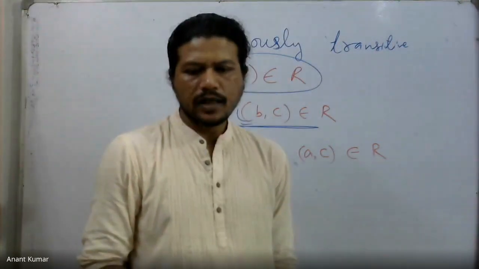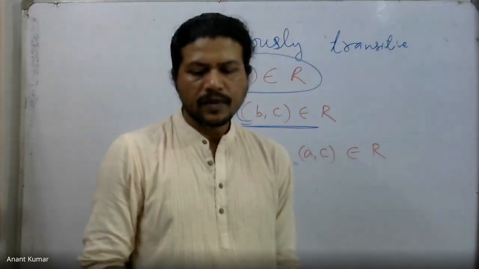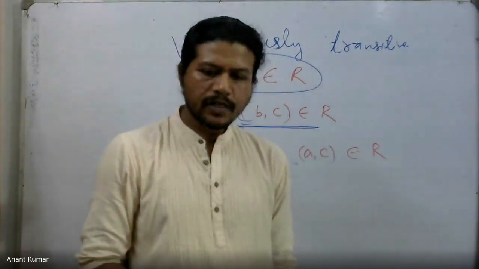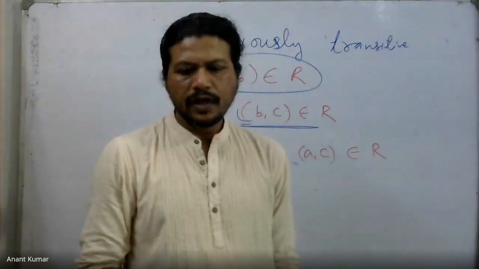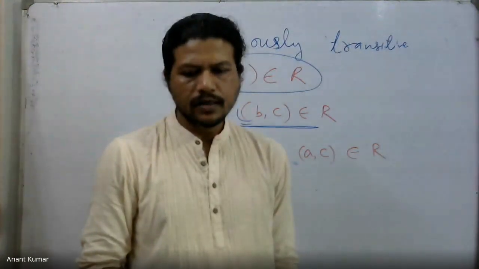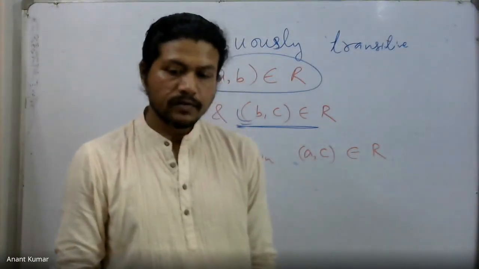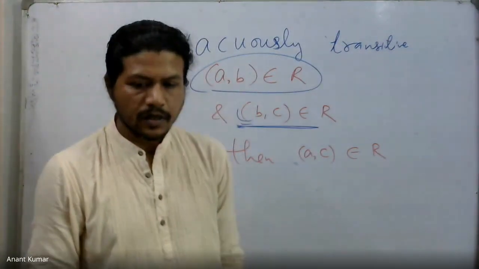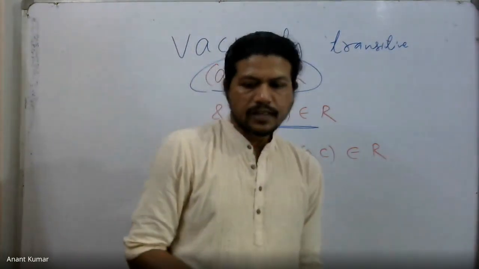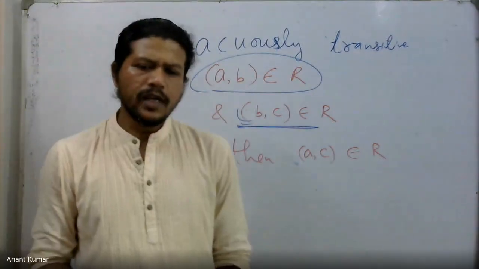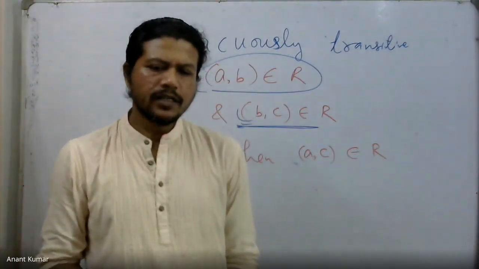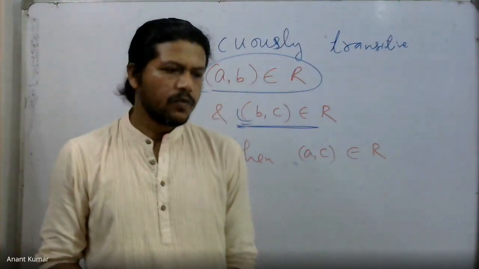Yes, Shivankar. If only A, B is present, then it will be... well, because if only A, B is present but B, A is not there, it is not symmetric. Only A comma B is present, then will it be antisymmetric? For antisymmetric, what do we require?